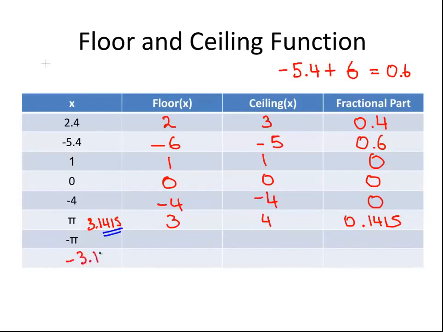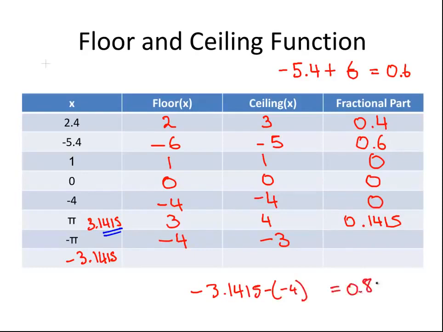Minus pi, minus 3.1415. Again, what integer precedes that on the number line? Minus 4. What integer comes after on the number line? Minus 3. And again, watch out for the double negative problem. So this is minus 3.1415 plus 4, minus 4.